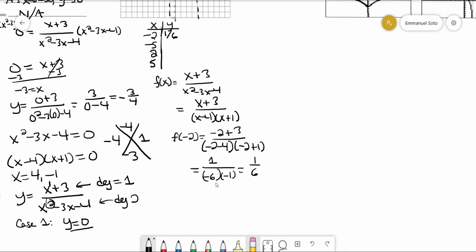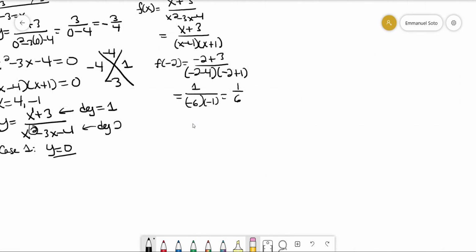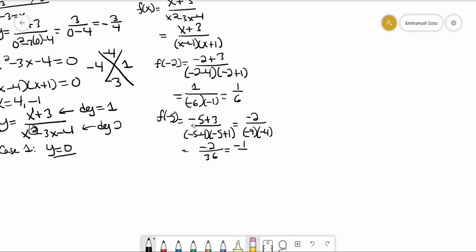So f of -5 equals (-5 plus 3) over (-5 minus 4)(-5 plus 1). This is going to be -2 over -9 times -4. -9 times -4 is 36. So this reduces to -1 over 18. Just divide both sides by 2.